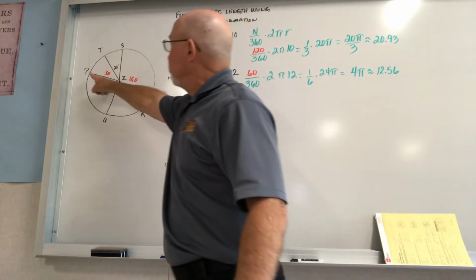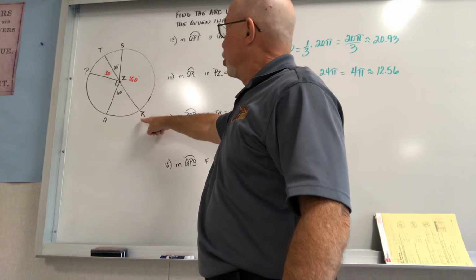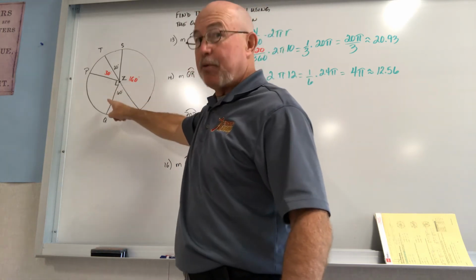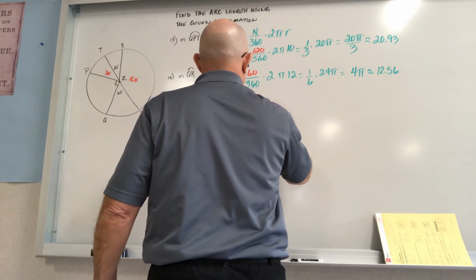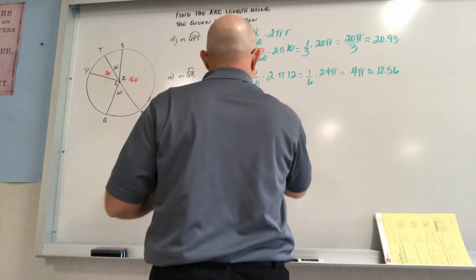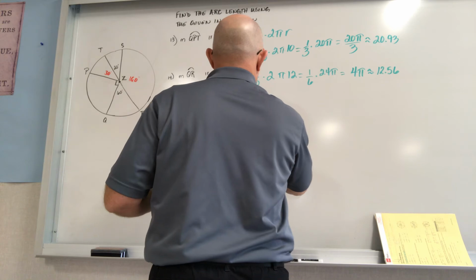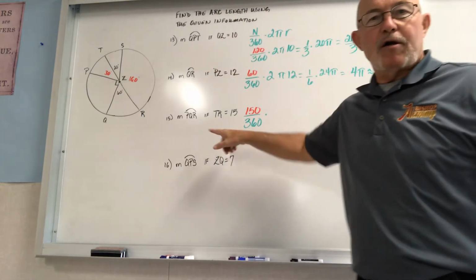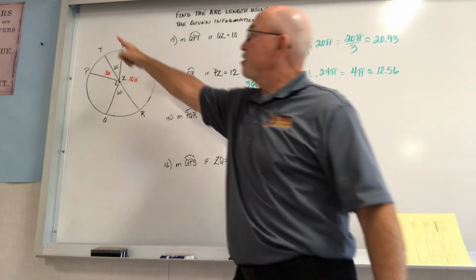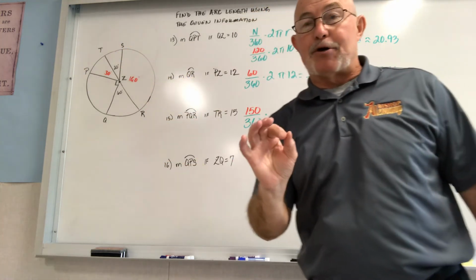Now we're going to find P, Q, R. 90 plus 60. TR is not the radius. TR is the entire diameter.